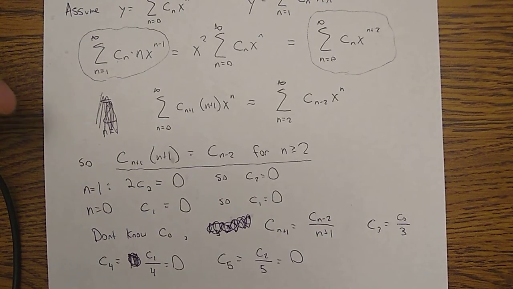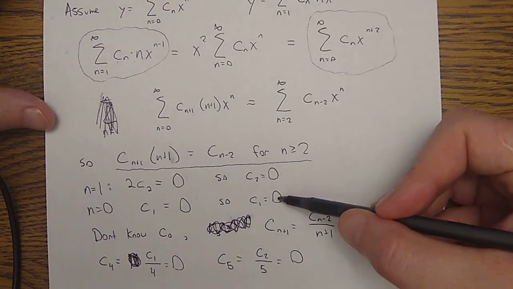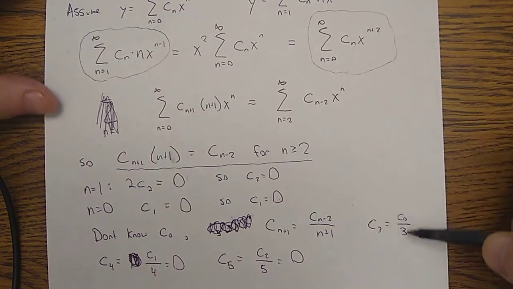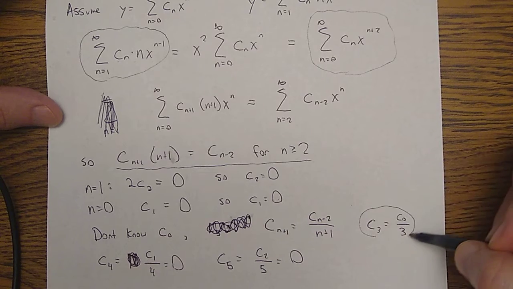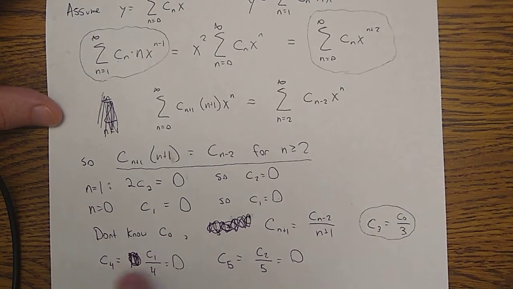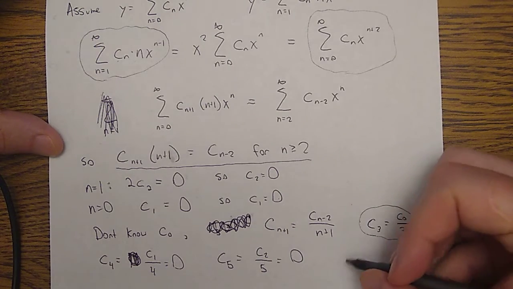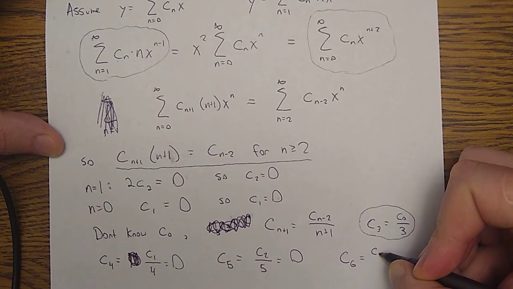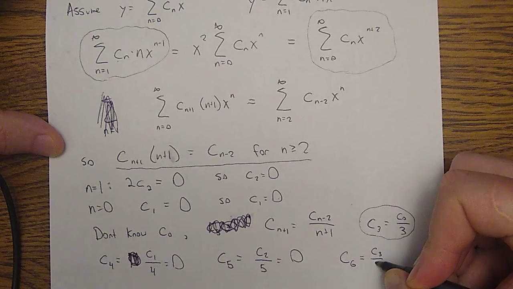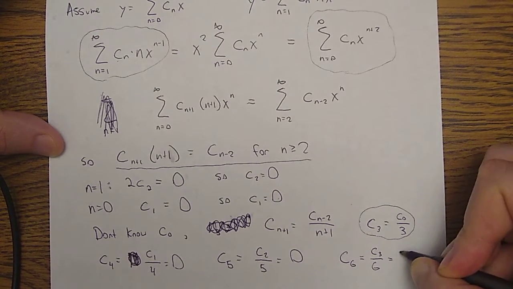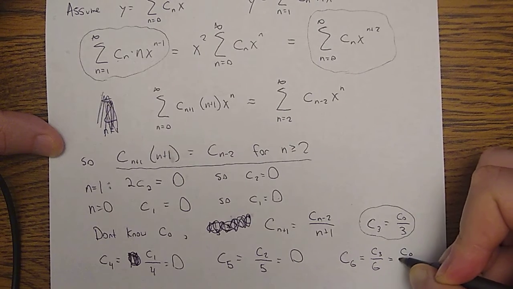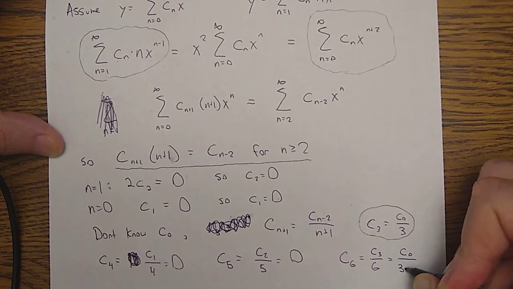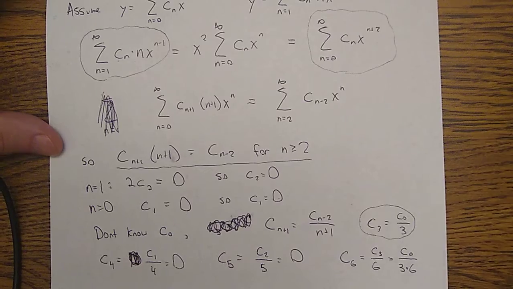So what is this pattern? C0 is just whatever it is, and then C1 is 0, C2 is 0, C3 is this, which is not necessarily 0, and then C4 and C5 were both 0. C6 is going to be C3 divided by 6, which in turn is C0 over 3 times 6.